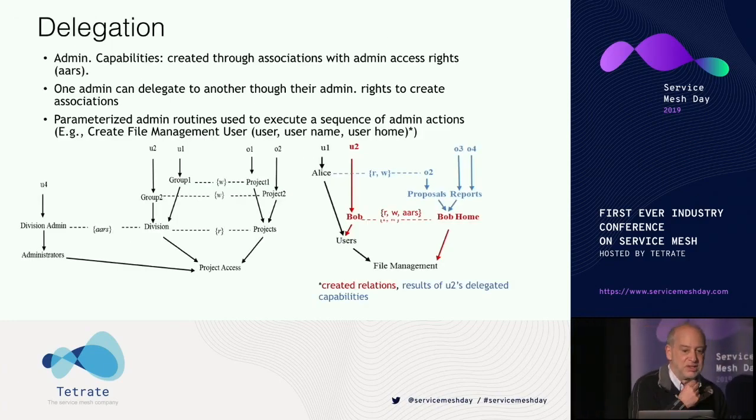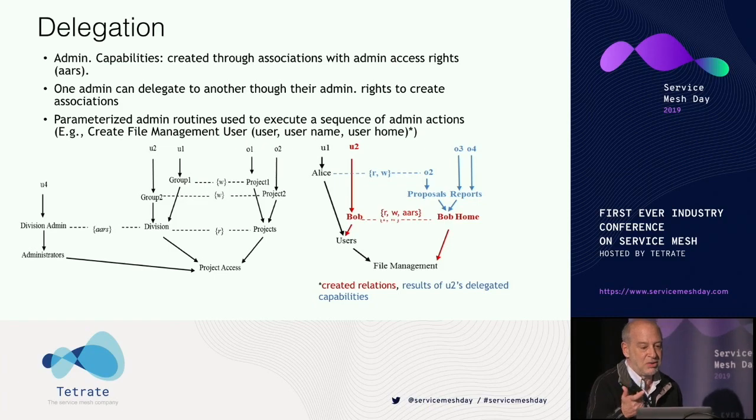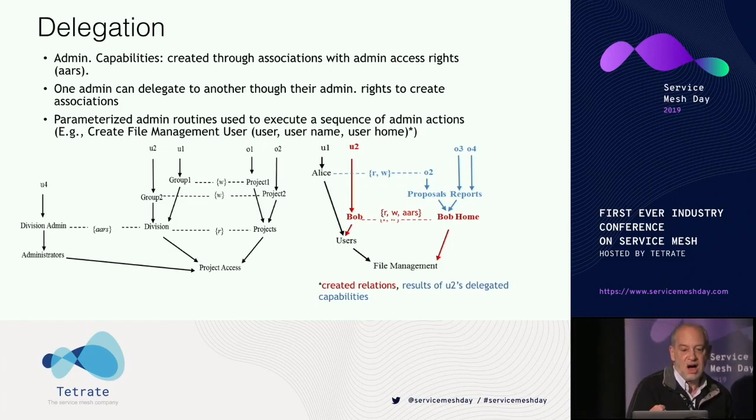Delegation is the means of an administrator creating associations. So one administrator can delegate to another administrator, and by doing that, privileges are distributed to the user. So really, the only way privileges are created is through creating associations.